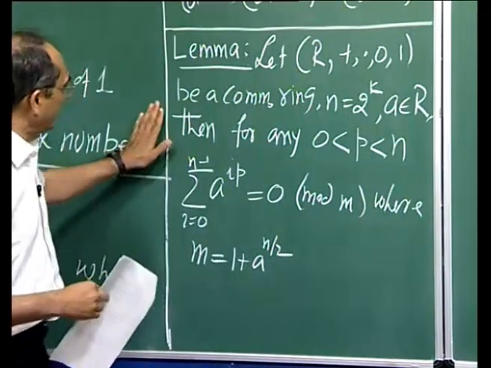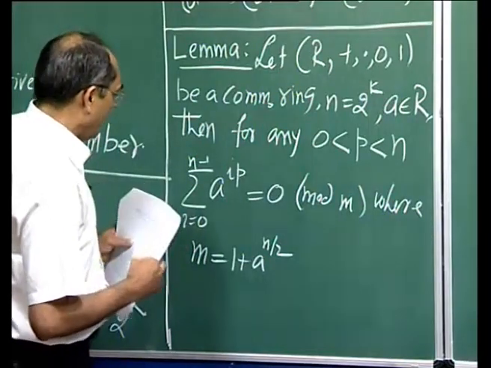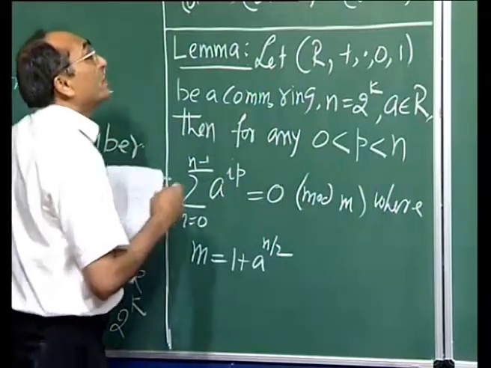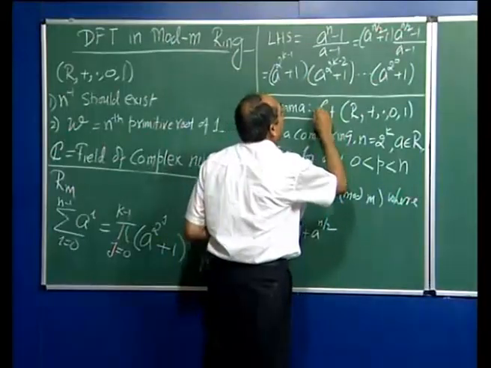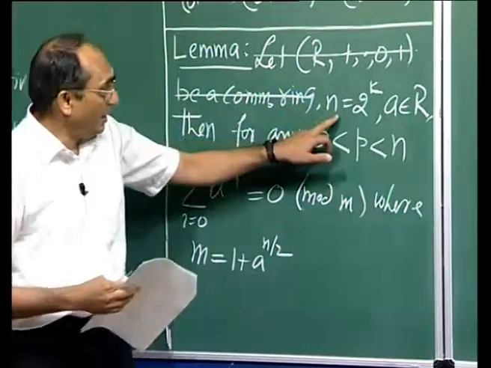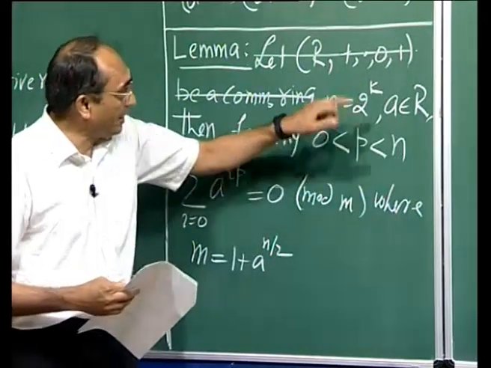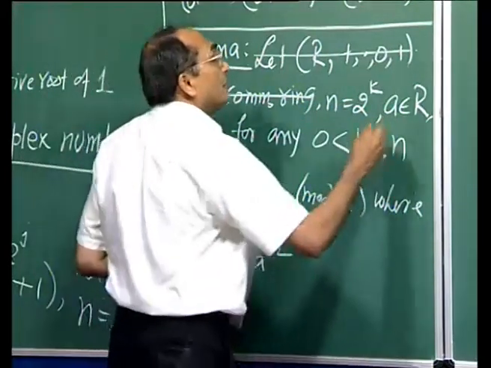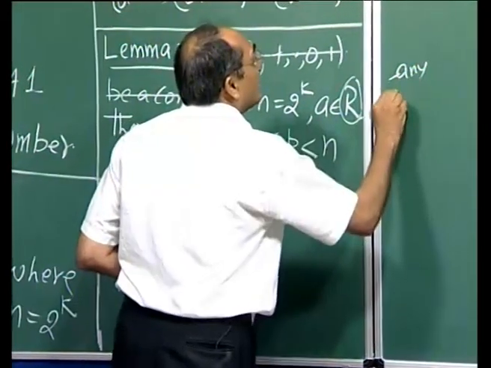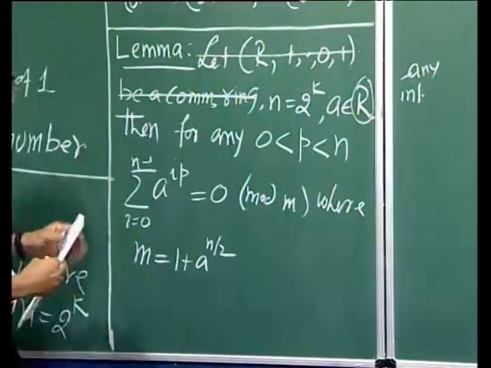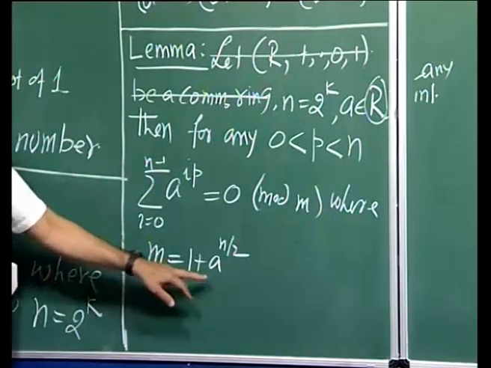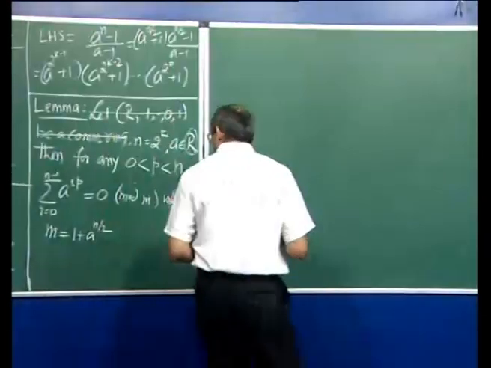In fact, I can state this more generally, and what I really need is in the ring of integers itself. So even if I ignore this and we generally take n to be 2 to the power k and a is any integer, then again this should hold, where m is 1 plus a to the power n by 2.